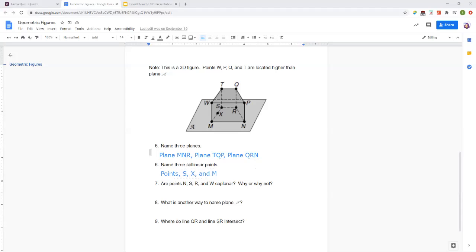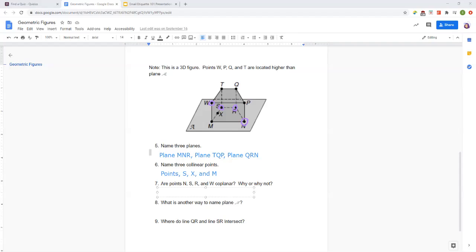All right, next question asks, are points N, S, R, and W coplanar? Why or why not? So these 3 are all down here on this bottom plane, but the W is not on this plane. It's up here, in this plane up here. So they're not all on the same plane.